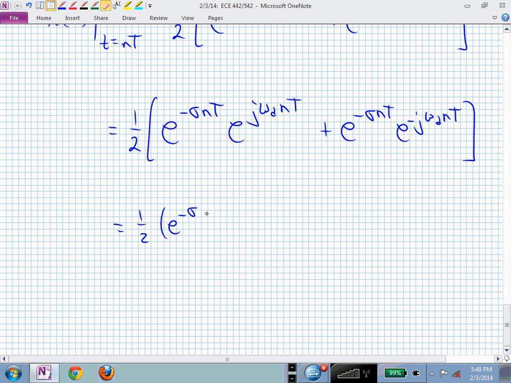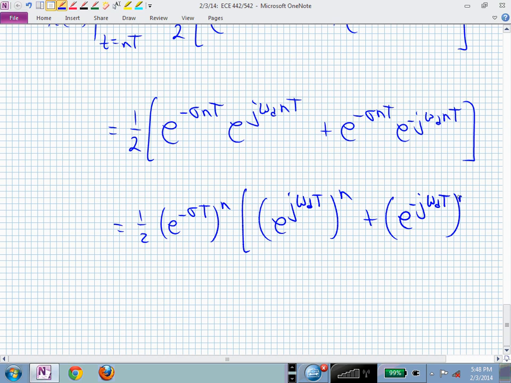Now let me pull the n out of the common term on both of those, and I now have e to the j omega sub d T to the n plus e to the minus j omega sub d T to the n.